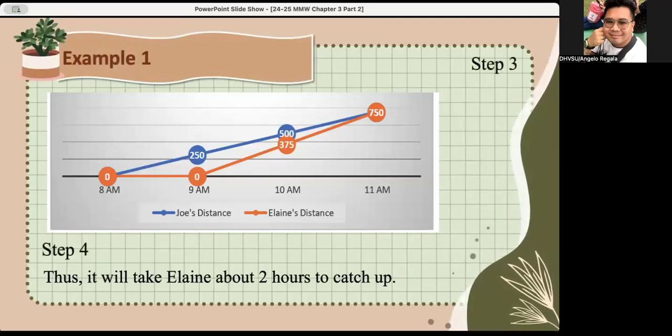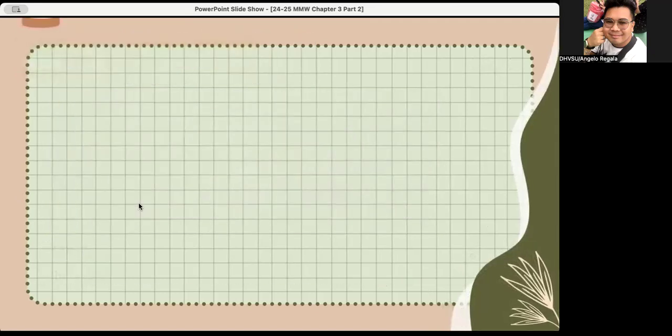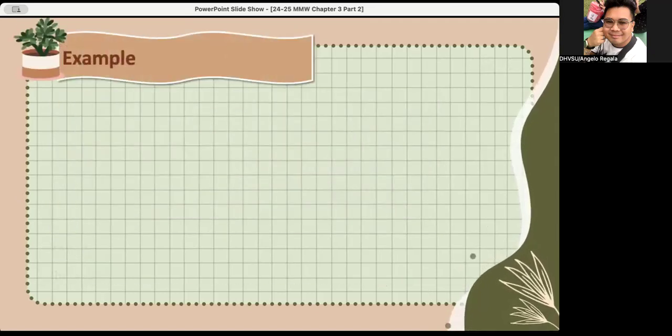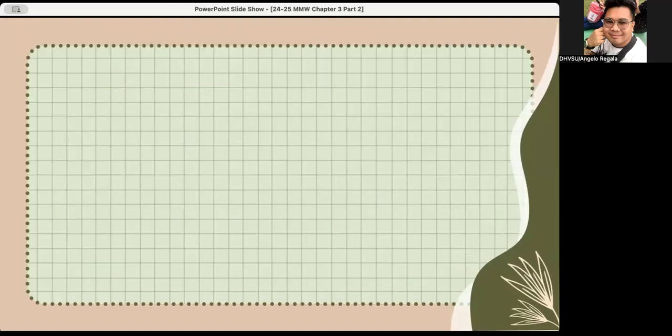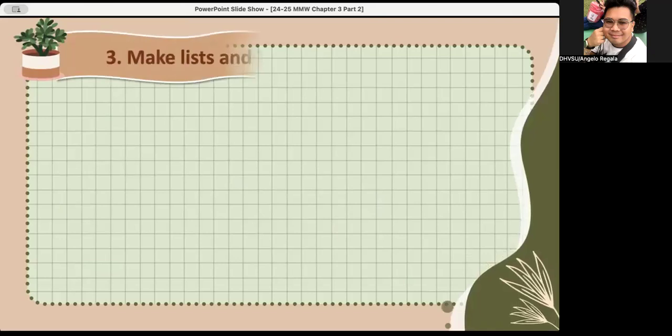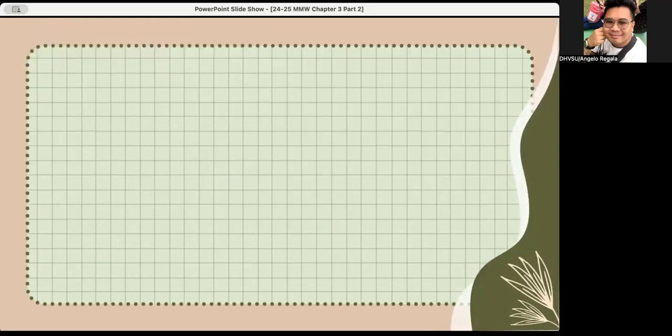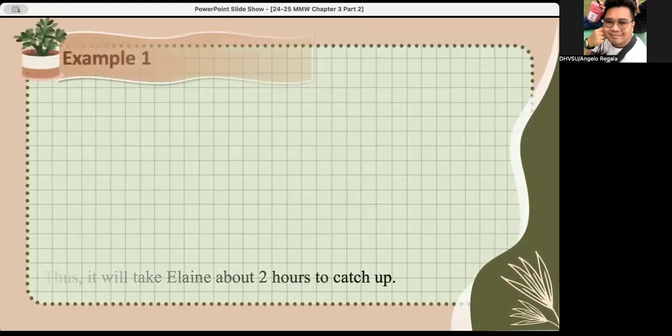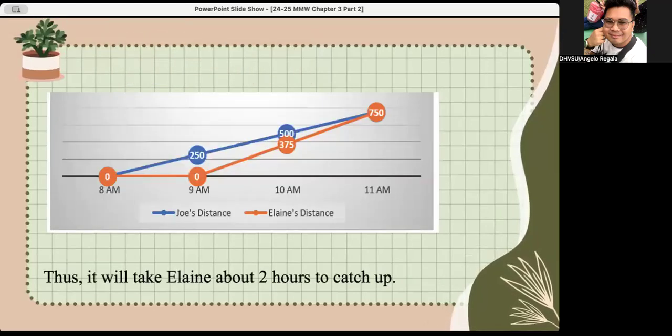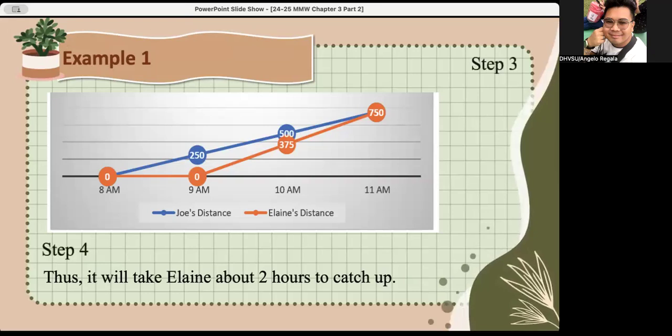So, I make a diagram. Sorry. So, the blue one are Joe's distance and the orange one ay si Elaine.